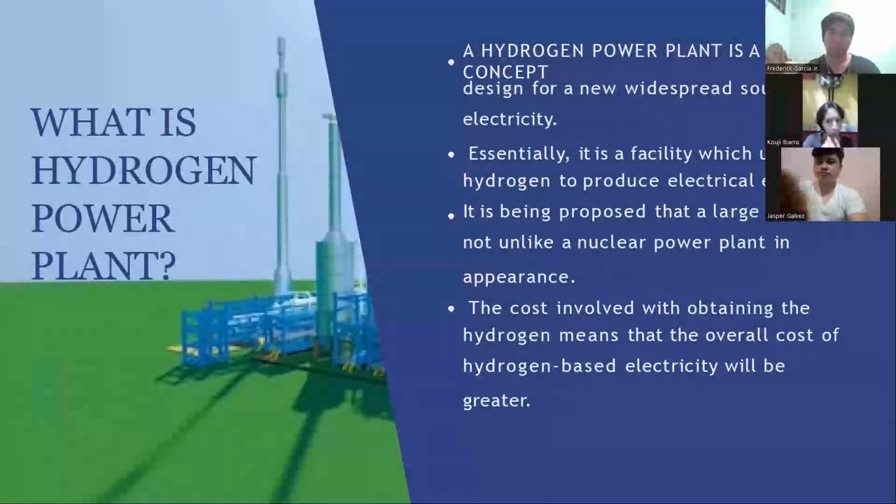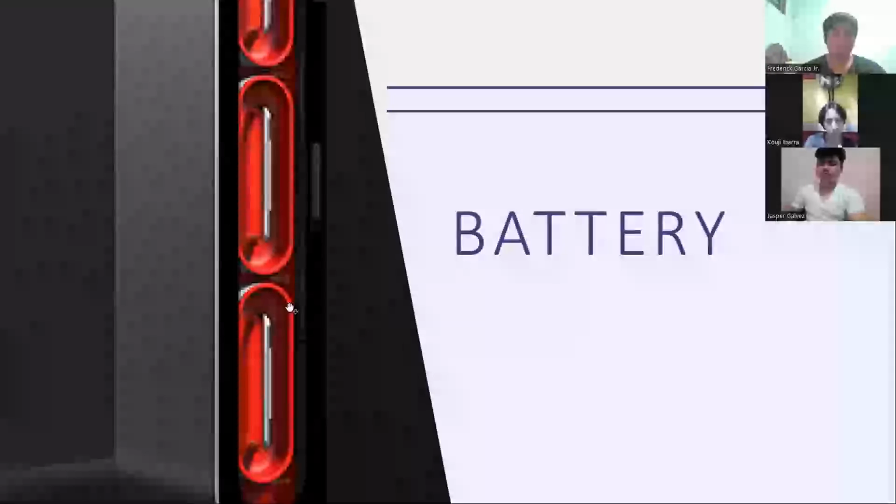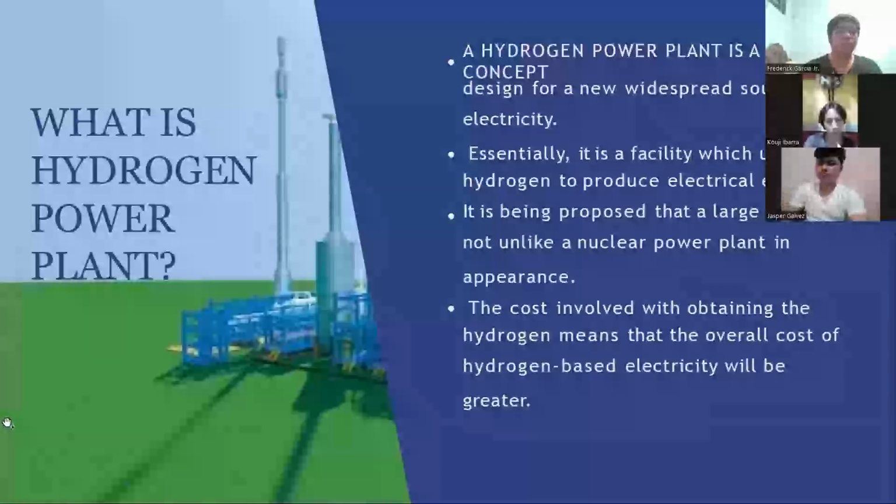So a hydrogen power plant is a concept designed for a new widespread source of electricity. Essentially, it is a facility which uses hydrogen to produce electrical energy. It is being proposed that a large facility, not unlike a nuclear power plant in appearance. Hydrogen power plants use hydrogen to generate electricity.